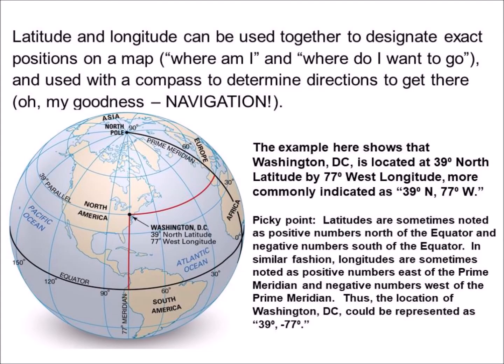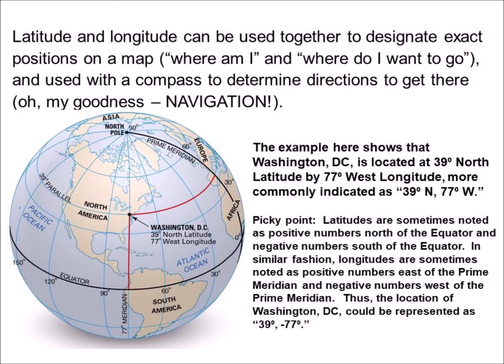We can use latitude and longitude together to designate exact positions on a map. Where am I? Where do I want to go? And they can be used with a compass to determine directions to get there. Aha! Navigation.